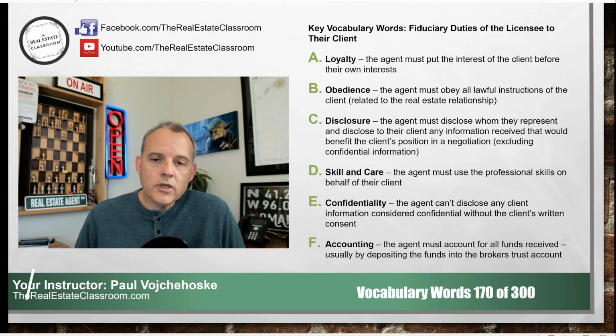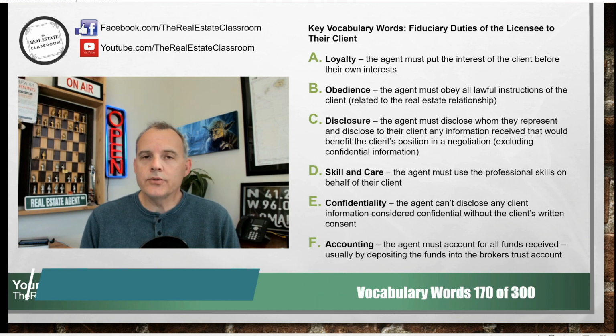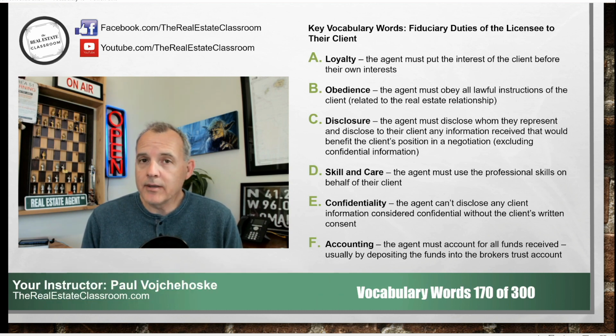The next one is what we call skill and care. This is where the agent must use their professional skills. Remember, once you obtain a license, you have a certain professional skill set, and you have to use that on behalf of and for the benefit of your client.